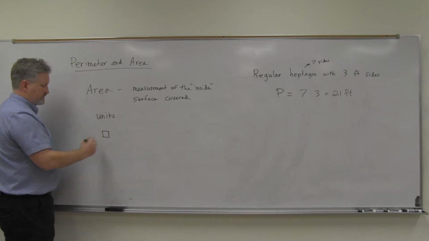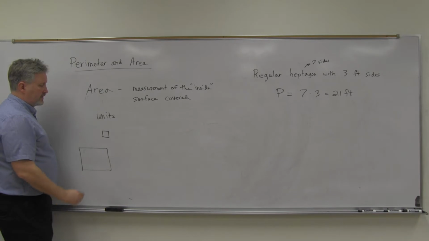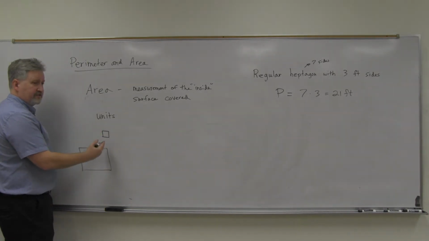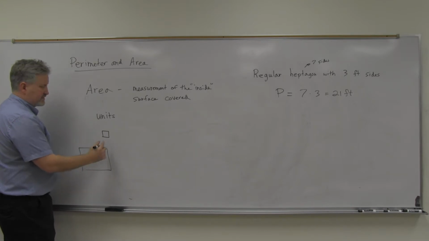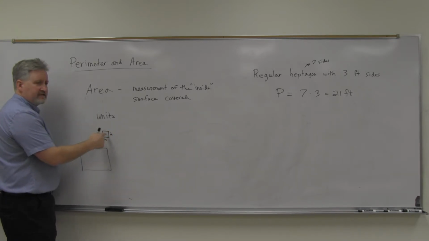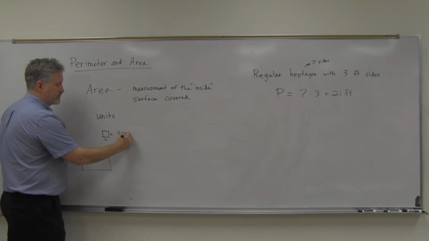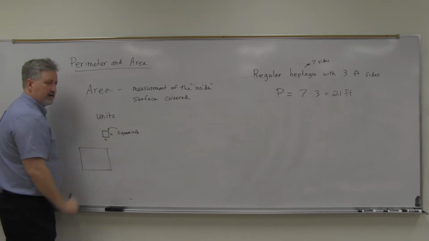Because if I've got a figure, say it's a rectangle, when I'm measuring the area, what I'm trying to figure out is, for example, if it makes sense to do it in inches, I need to figure out how many of these square inches. So that's a square inch there.